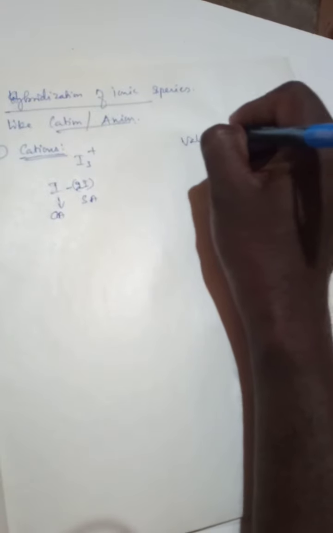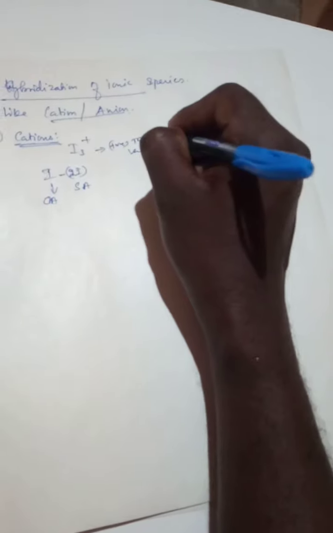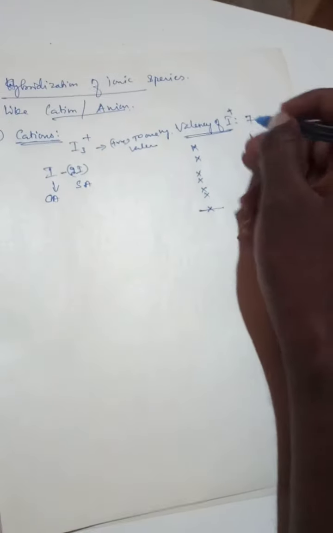The valency of iodine is 7, so 7 electrons are put in the valence shell. If there is a positive charge, one valence electron is neglected. If there is a negative charge, one electron is added. The electron is removed due to the high positive charge of the central atom.